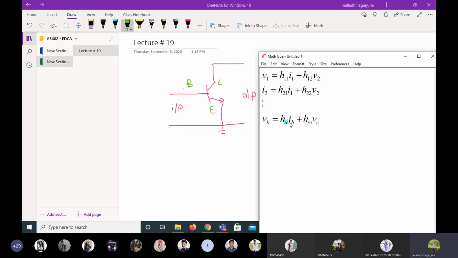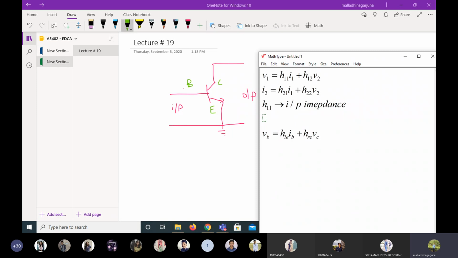In the suffix there are two terms; the first suffix indicates the type of characteristic. H11 is nothing but the input impedance.